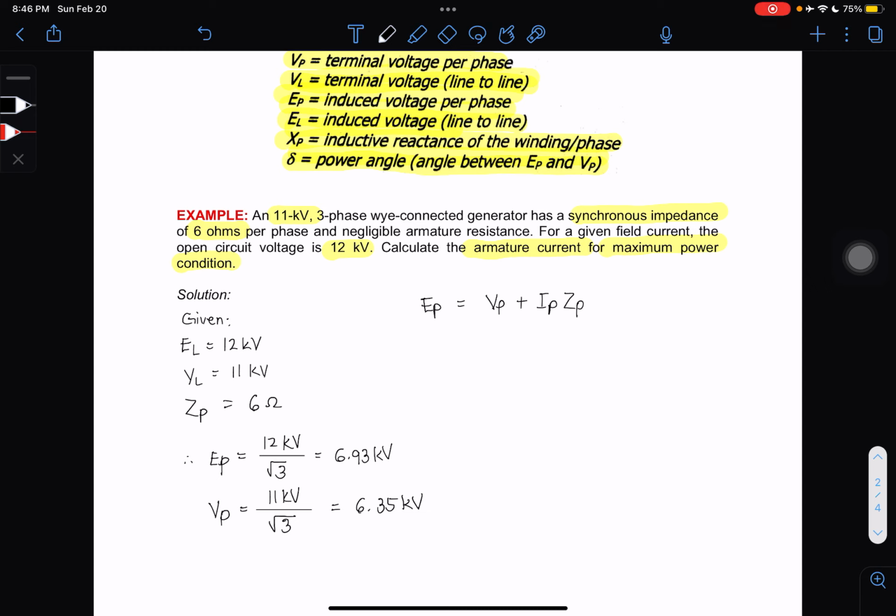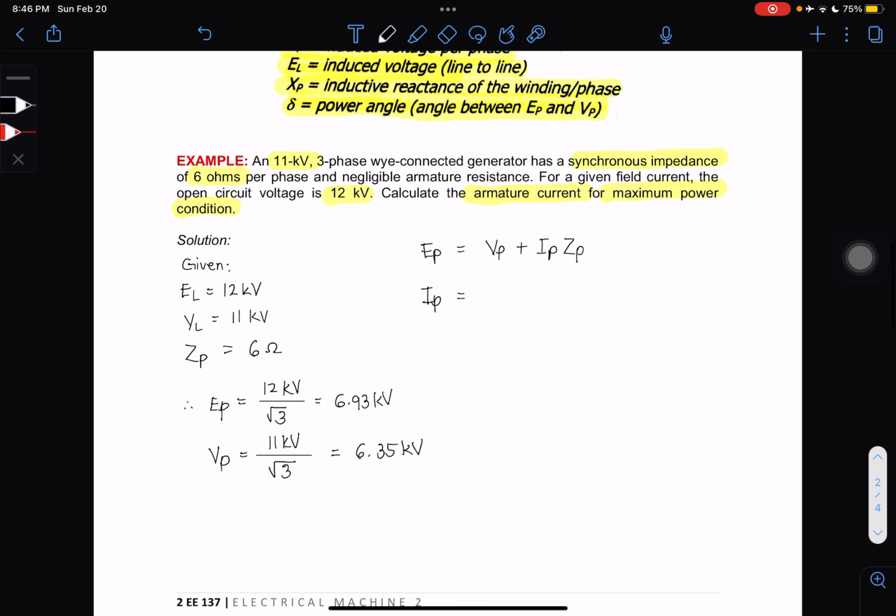So now we can solve for our armature current. Derive from our formula, same as our problem earlier: IP equals EP minus VP divided by ZP. Substitute our data. 6.93 kilovolts is equivalent to 6,930 volts with an angle of 90 degrees, since the problem says maximum power condition.